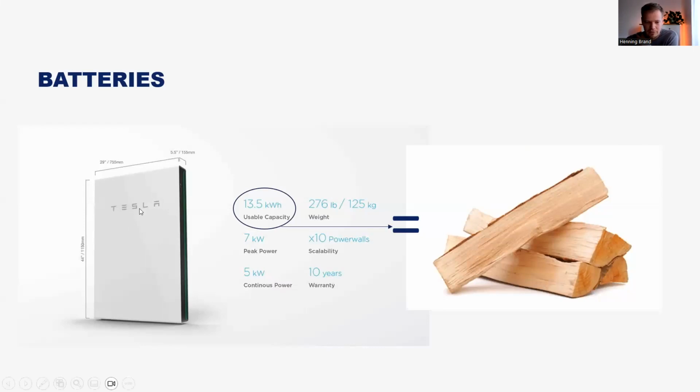I don't know if it's very common, but there are these power walls, or battery solutions, that you can put in your home. They are normally around 13 to 15 kilowatt hours capacity, and when you look at how much energy that actually is in heat, it is the equivalent of 3 or 4 logs of wood.